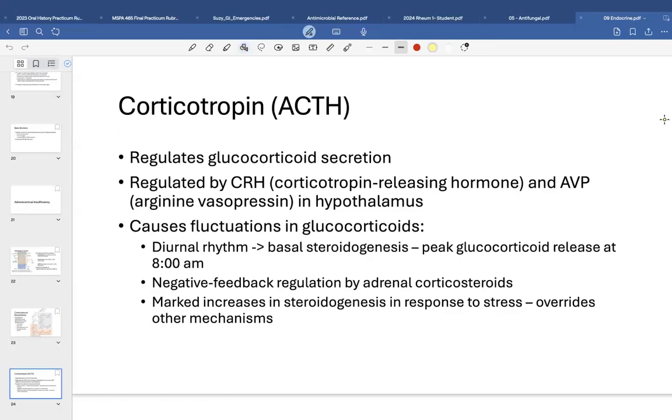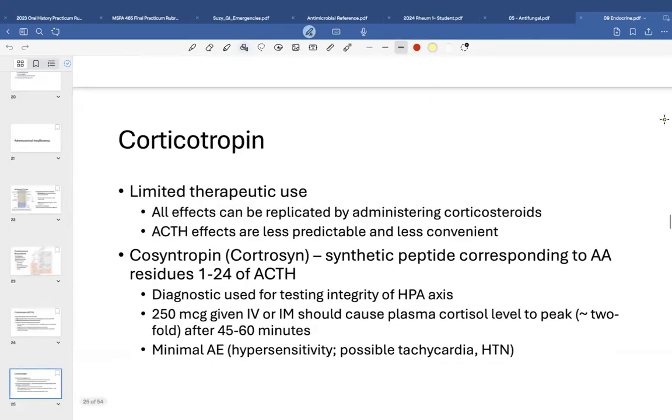Corticotropin, though, doesn't really have much of a use. Whenever we are trying to deal in situations where we need more glucocorticoid activity, yes, in theory, by increasing the hypothalamic signaling to the adrenals, and those downstream effects, you can increase that.